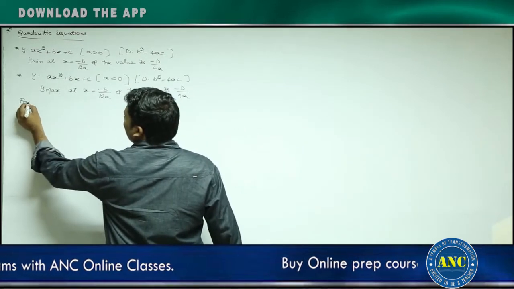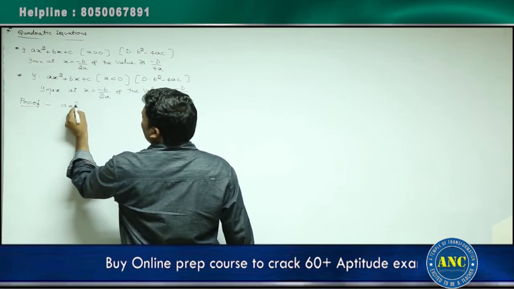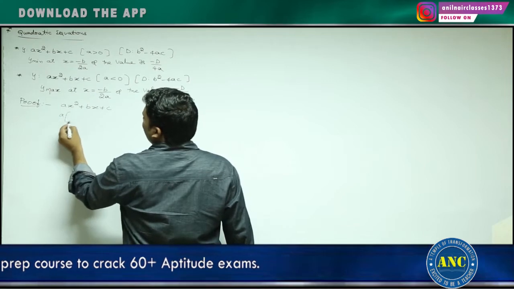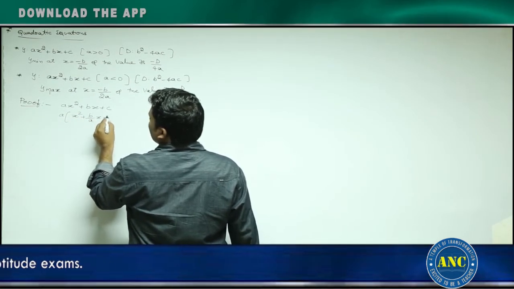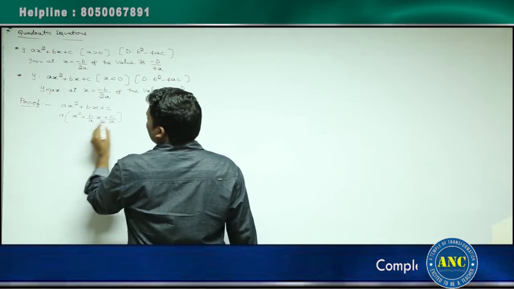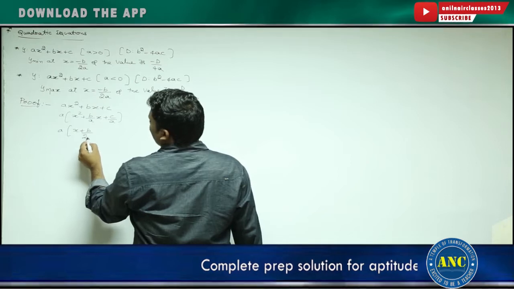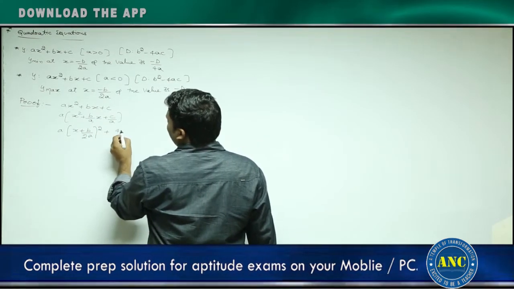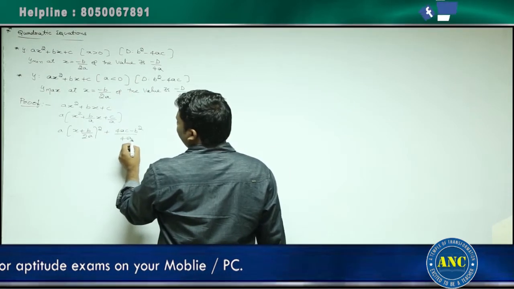Proof. How did you get this? Proof: ax square plus bx plus c is a into x square plus b by a x plus c by a. This I can write as a into x plus b by 2a whole square plus (4ac minus b square) by 4a.